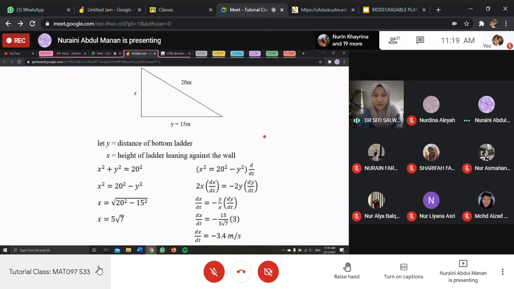Okay, kat sini kita apply implicit derivative concept kat situ lah. Okay, so you just plug in you punya information lah. Okay, you collect information and then finally kita punya ladder tu slide down at the rate of 3.5 meter. Boleh? Negatif tu sebab dia slide down lah, dia jatuh.